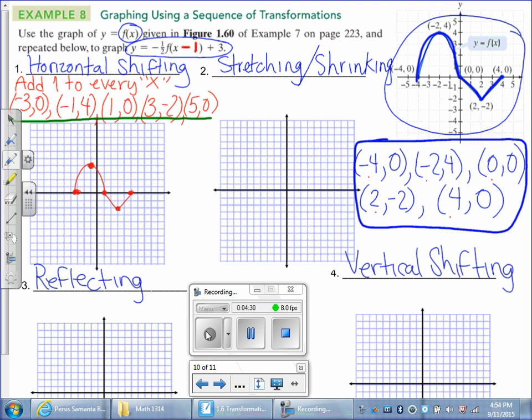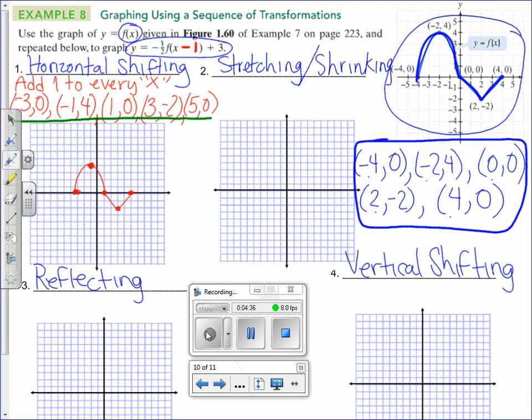So now we're going to focus on the stretching or shrinking, and that will be given by the constant that is multiplying the function. Since that constant is outside the parentheses, it's affecting the y values. And for that reason, that tells us that it will be a vertical shrink.